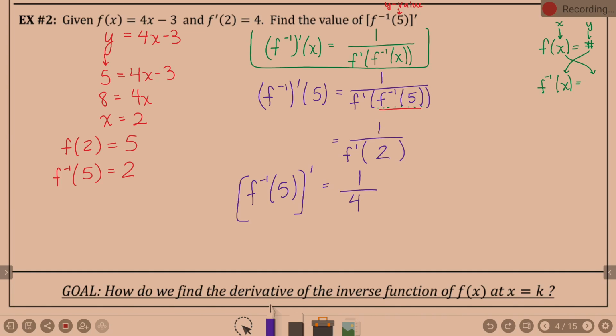What's the derivative of 4x minus 3? 4. So the derivative of f at any value is going to equal 4. Seems confusing, but we didn't do difficult math here, did we?